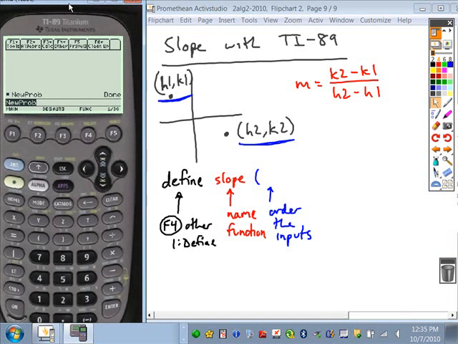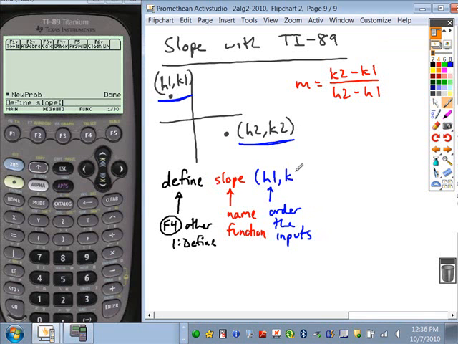All right, so F4 define, give the name, parentheses, and now we type in the order of the inputs. We're going to order our inputs H1 followed by K1, so we just enter H1, comma, K1, and then we're going to follow that by the coordinates of the second point, H2, comma, K2.